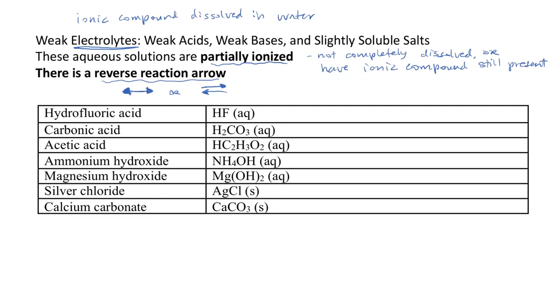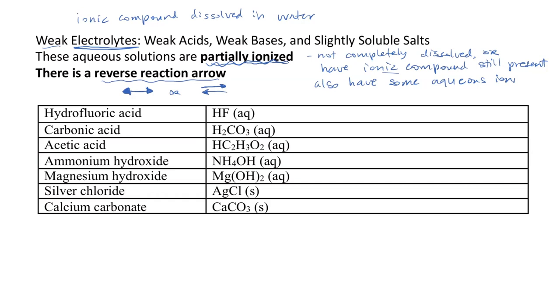That's what partially ionized means. You have some of those aqueous ions, but not all of those aqueous ions. You still also have the whole ionic compound. And so they're going to be weak electrolytes because you don't have enough ions compared to the strong electrolyte. So fewer ions means less electricity conducted, and less electricity means less light that you'll see.